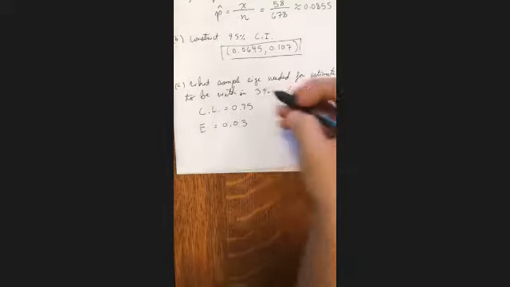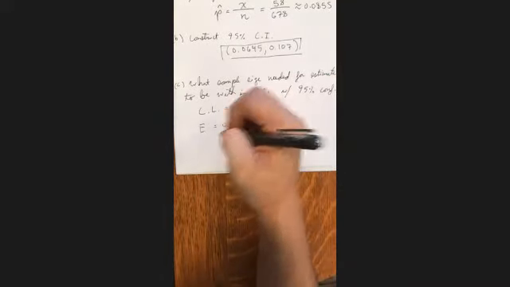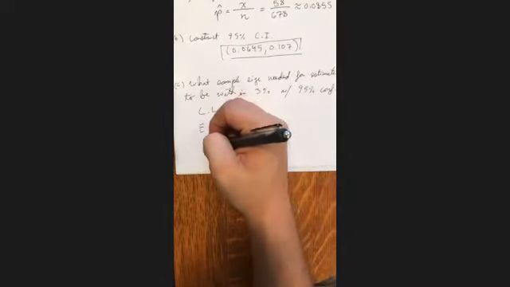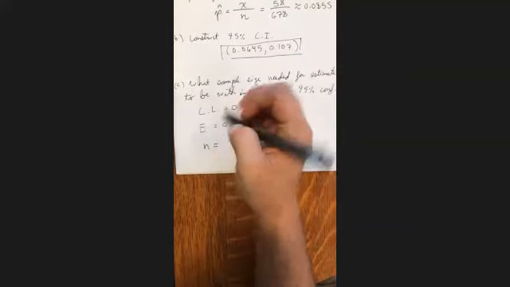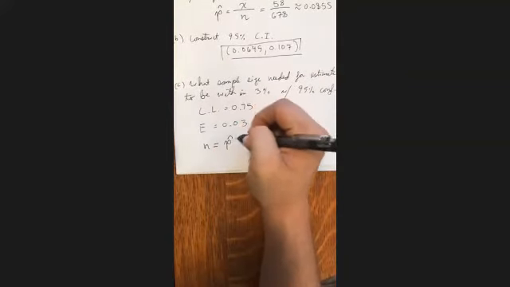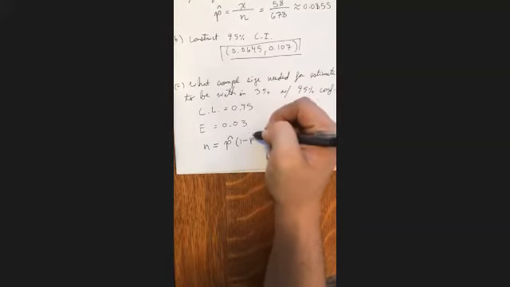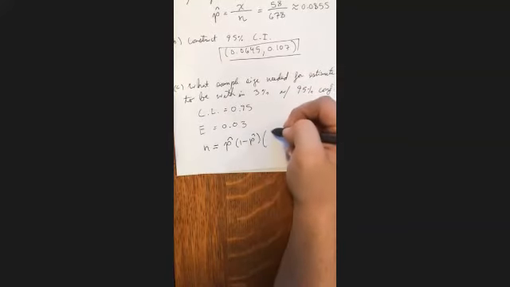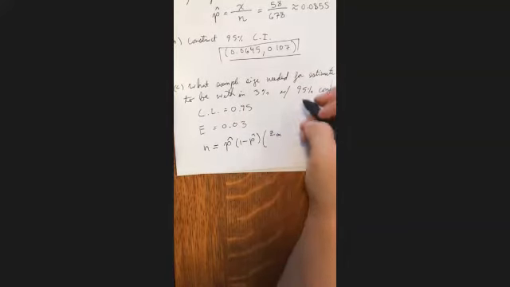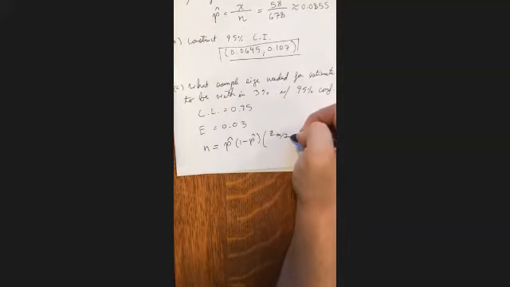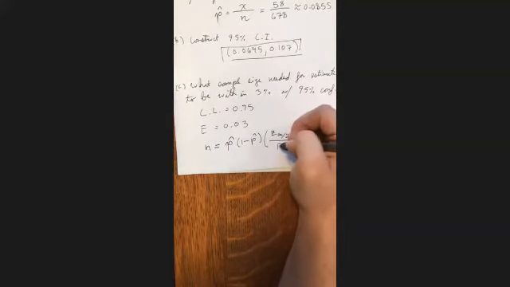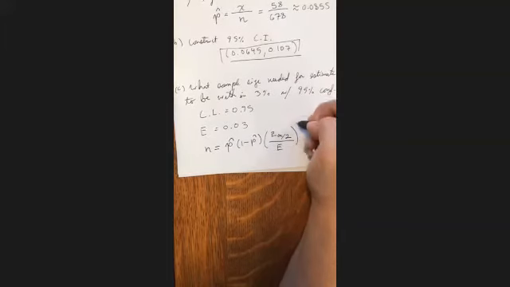But for the proportion, you remember you use the formula N equals P hat times 1 minus P hat times Z alpha over 2 over E, squared. So that is your formula. This is one of the few that you need to do on your own.